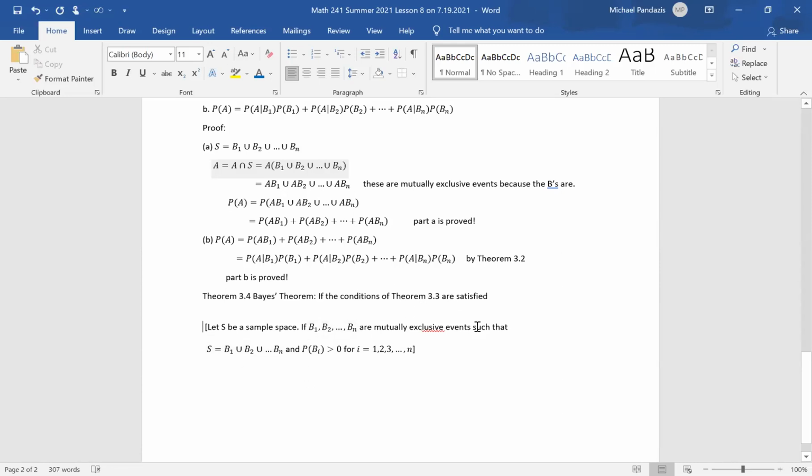Okay, so if the conditions of theorem 3.3 are satisfied, meaning S is a sample space, B1 through Bn are mutually exclusive events, such that S is their union, and the probabilities of the Bi's are positive.